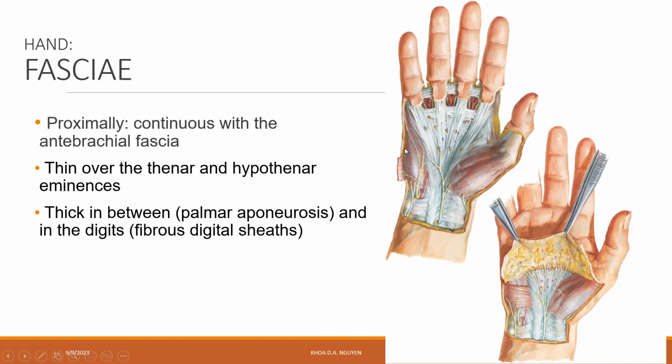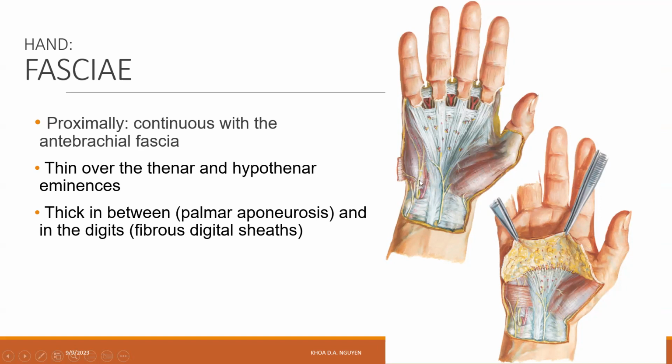And then you have the hypothenar eminence, which is right here and contains a lot of the muscles that are associated with the little finger. Okay, so the thenar eminence is going to be on the radial side, and the hypothenar eminence is going to be right here on the ulnar side of the hand.